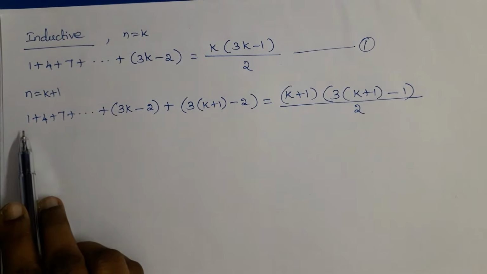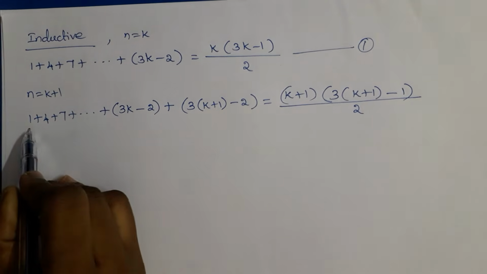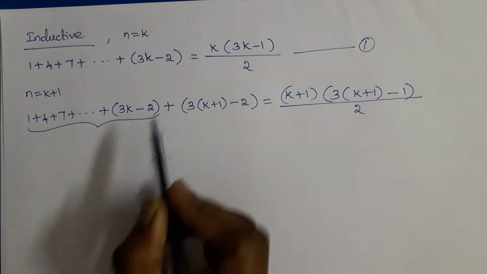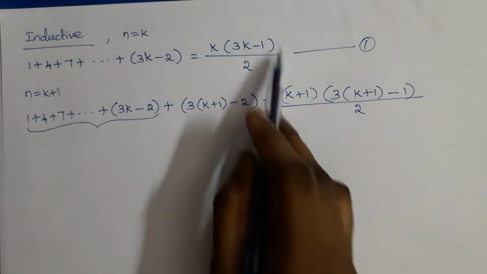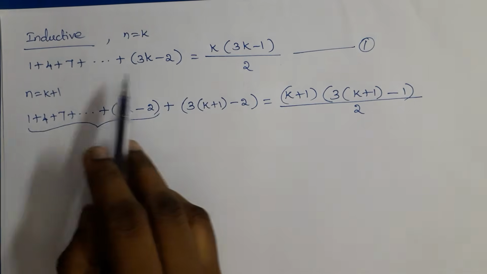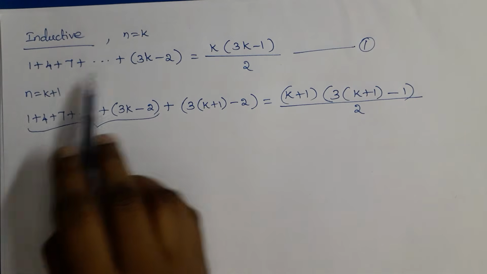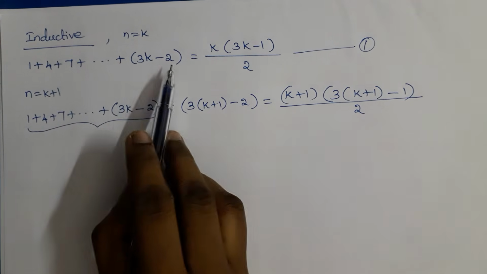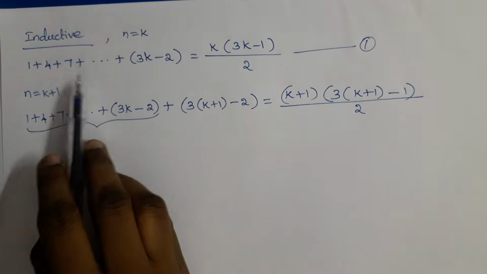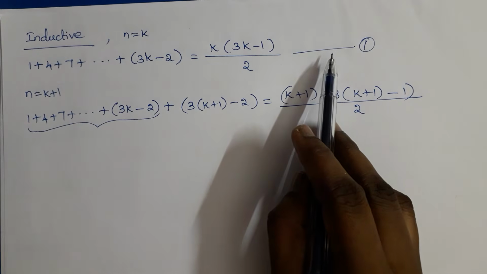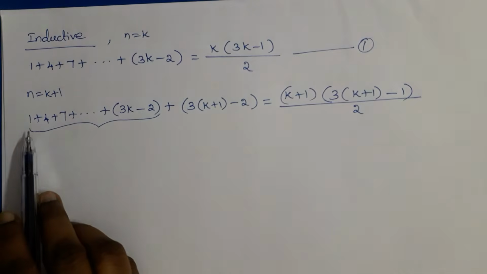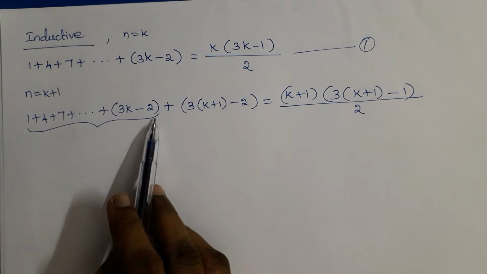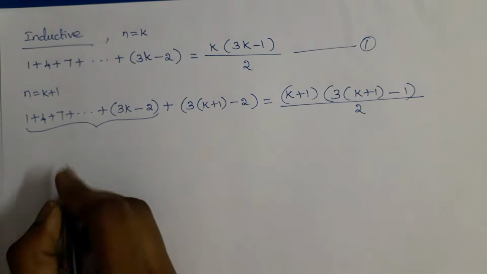Now for the terms 1 plus 4 plus 7 up to 3k minus 2, we can substitute equation number 1, because we assumed that S of n is true for the kth term, that is, S of k is already proved as true. So instead of 1 plus 4 plus up to 3k minus 2, we can substitute this equation.